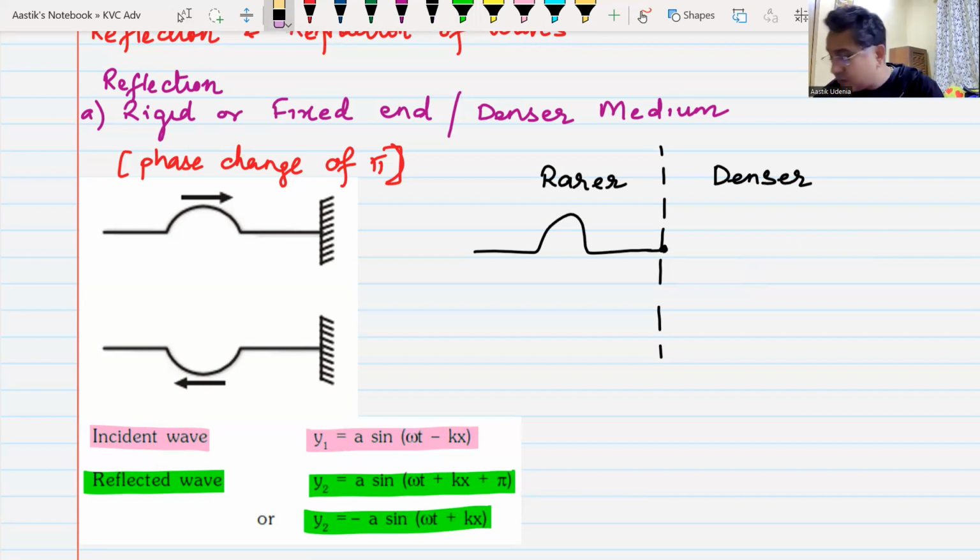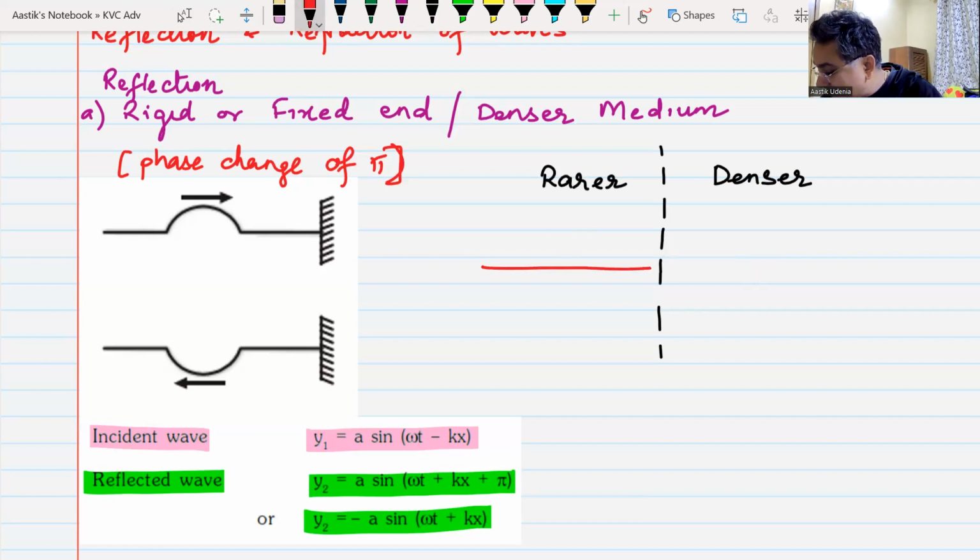Now, this will not happen in case of your transverse wave. It will happen more for your longitudinal wave. So if a longitudinal wave, let us say a sound wave, is going from a rarer medium to a denser medium, the same thing will happen.